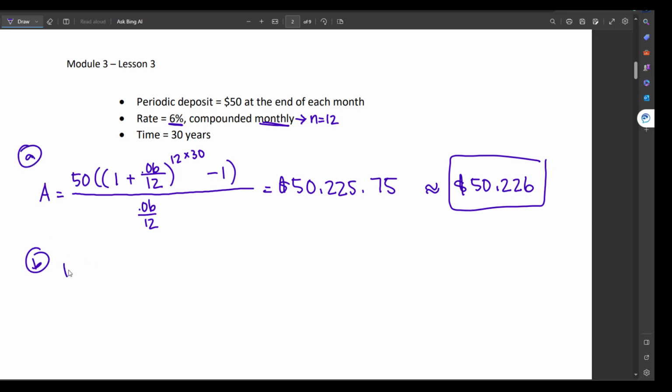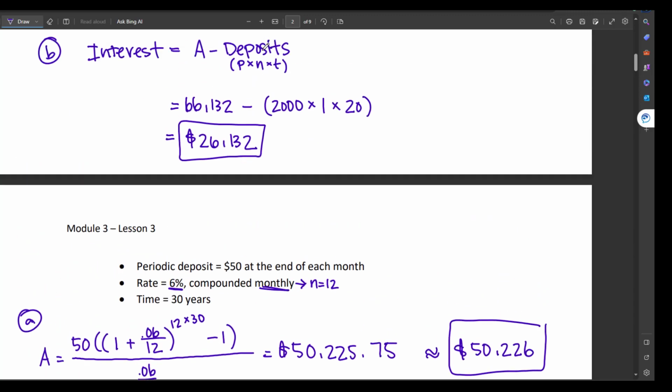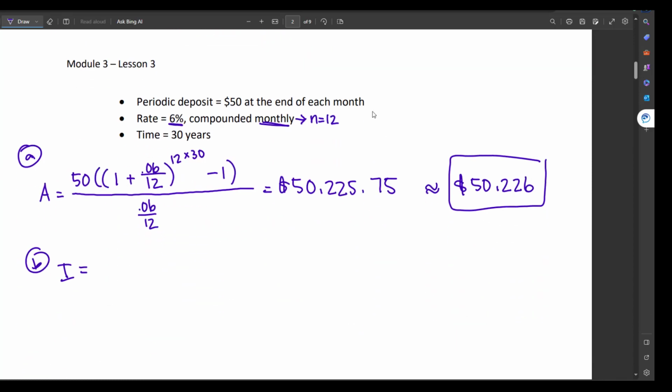Part B is our interest. I equals, remember up here, we take the future value and subtract out our deposits. So we're going to take the future value amount of 50,226 and subtract out our deposits. So our deposits, we paid $50 at the end of each month. There's 12 months in a year, so n equals 12. And then we do this for 30 years.